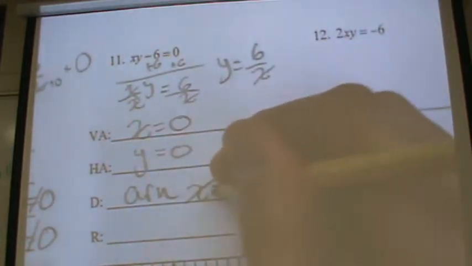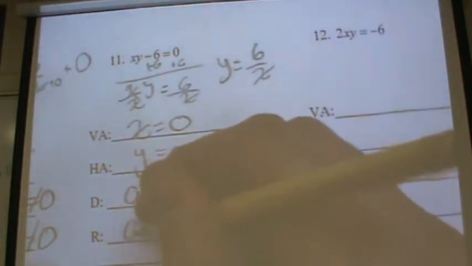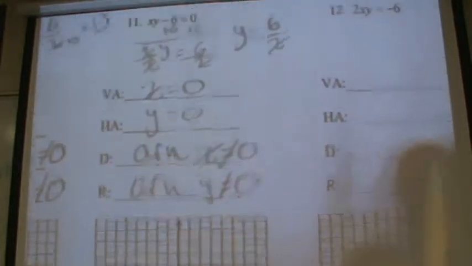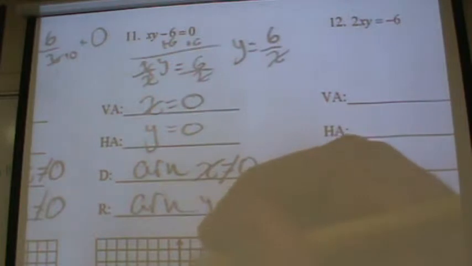Just like that. There's nothing to translate it. x will equal 0. y will equal 0. All real numbers for your domain, x cannot equal 0. All real numbers for your range, y cannot equal 0. And you're going to graph it just like the last one.